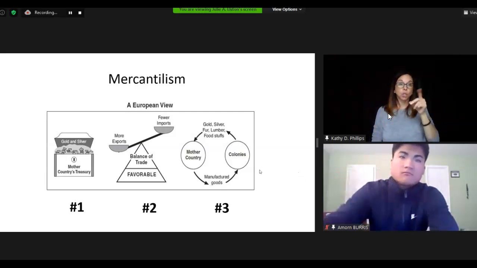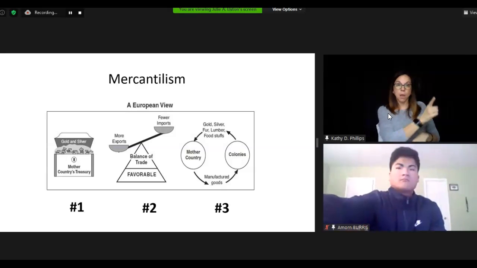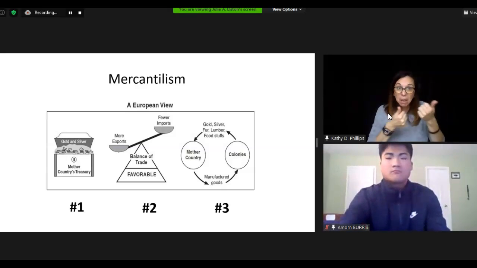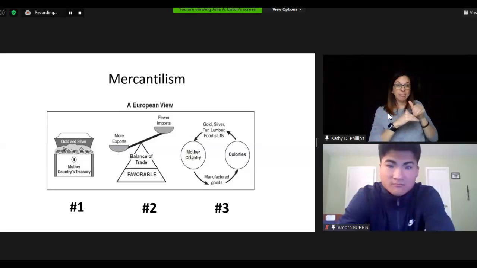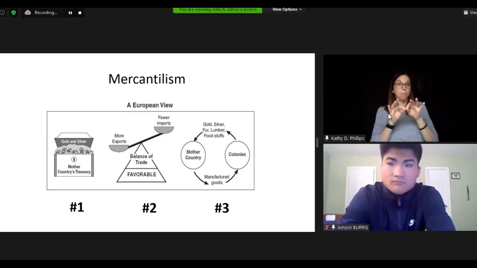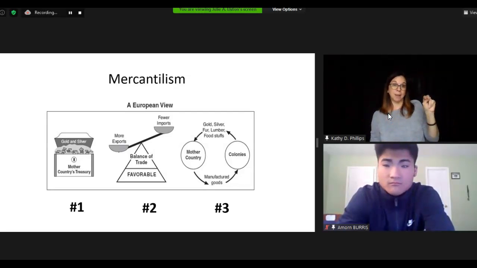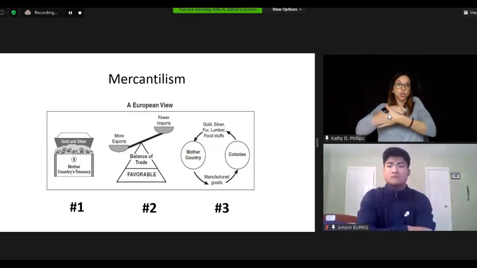Do you see the arrows going from the colonies to any other country? No, there's no other circle, right? Everything they send goes back to the mother country. One of the most important features of mercantilism is that the mother countries controlled very strictly who the colonies could trade with.